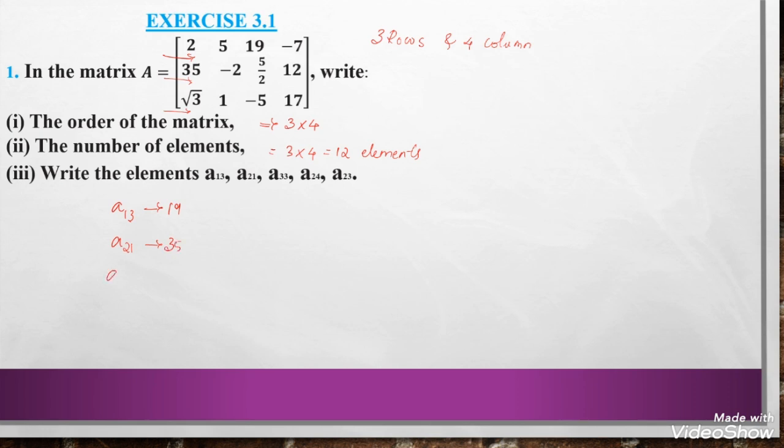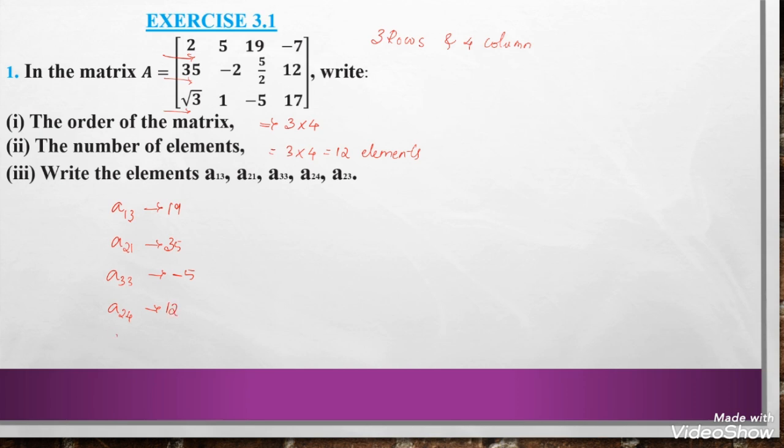Next, A33 is the element present in the third row, third column, which is -5. Similarly, A24 is the second row, fourth column, which is 12.